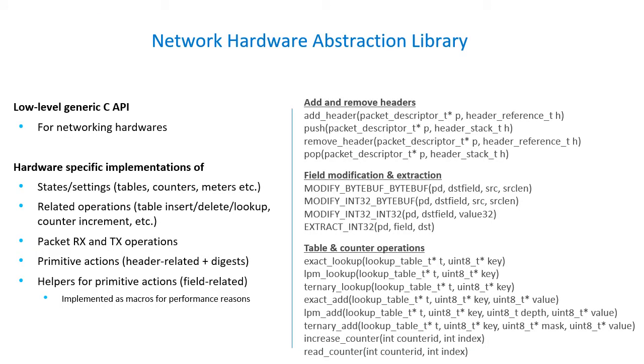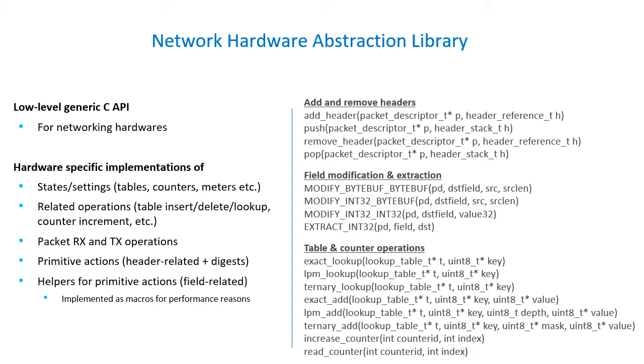The network hardware abstraction library is implemented as a low-level generic C API. This can be considered as a layer or as an interface between the high-level C program and the networking hardware functionalities. The hardware-specific implementations include state settings of tables, counters, registers, and operations related to these objects. It also includes how we can represent packets and how we can receive and send them through the different interfaces.